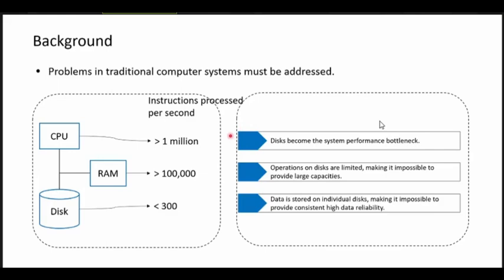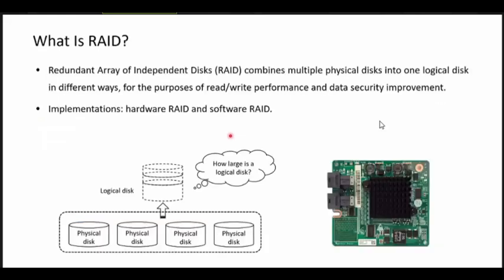So to overcome these kinds of scenarios, we have RAID. RAID has two major names. One is redundant array of independent disks. The other name is redundant array of inexpensive disks.